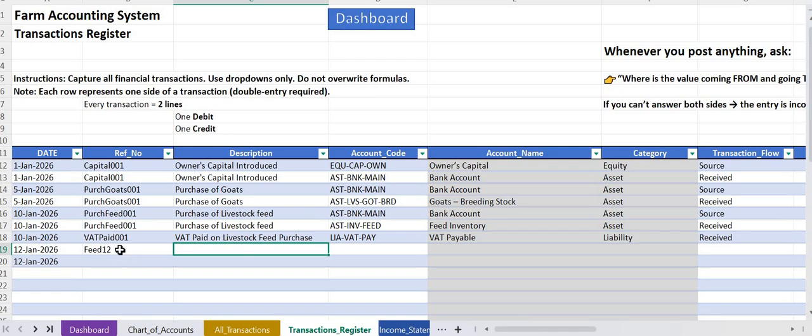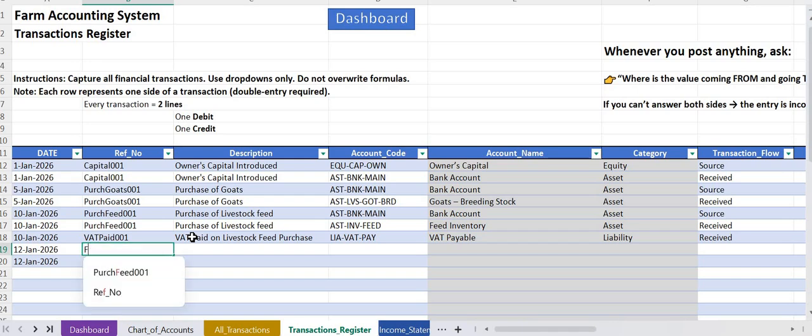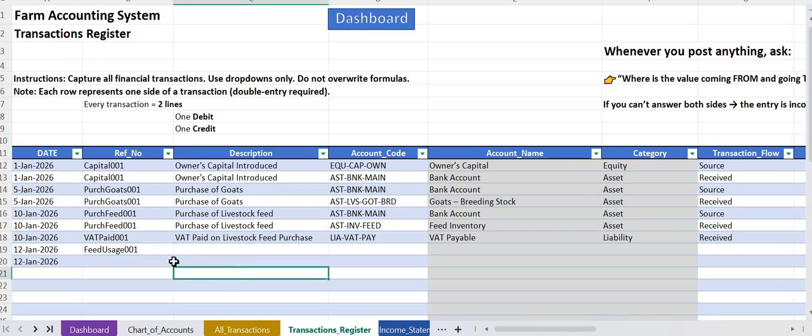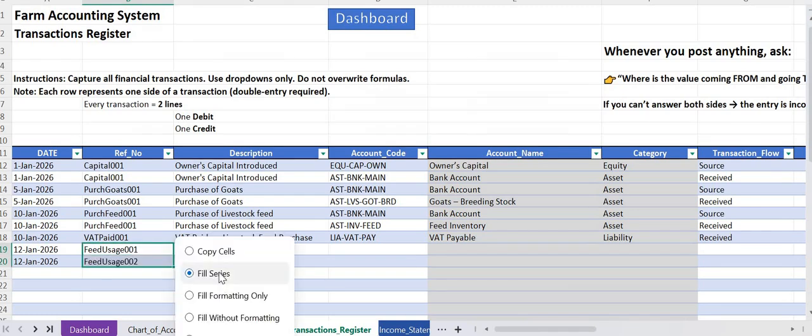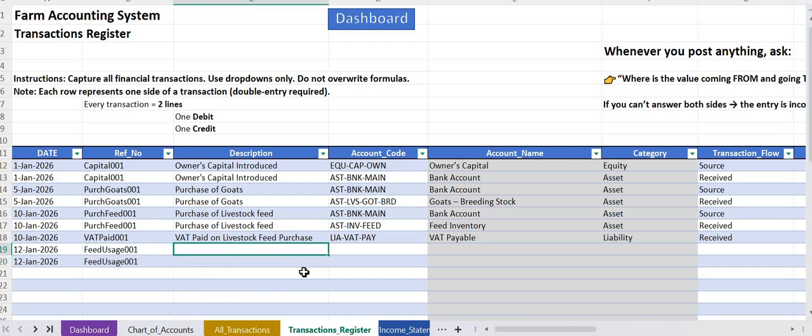You can even say feed usage 001. That's up to you. So that will be the first usage, and there we go. Feed usage expense, that will be the description.